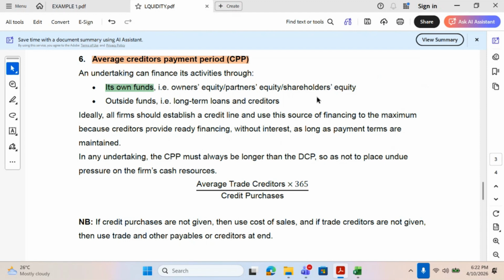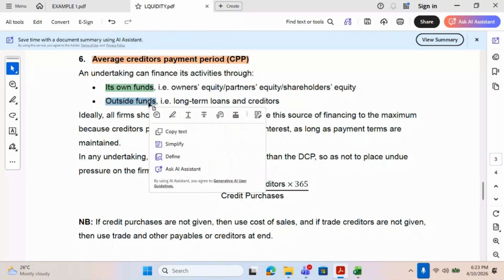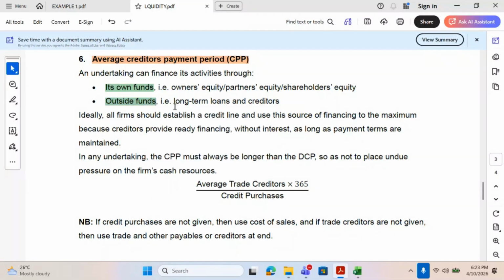By saying that we can finance activities through its own funds, they talk about a company here. The company can finance its activities through its own funds by issuing shares and getting money from shareholders. Number two, with outside funds. That's why we're talking about borrowings, long-term loans and creditors. Buying trading stock on credit is like borrowing money.